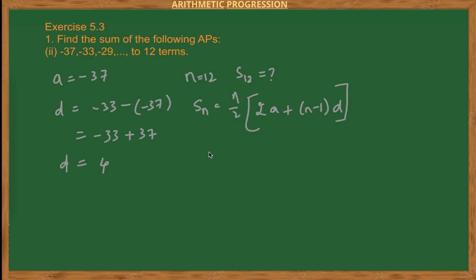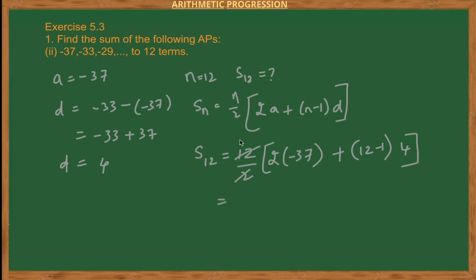In this we know n, so S12: n is 12 by 2, into 2 times a, which is minus 37, plus n is 12 minus 1 into d. What is d here? 4.